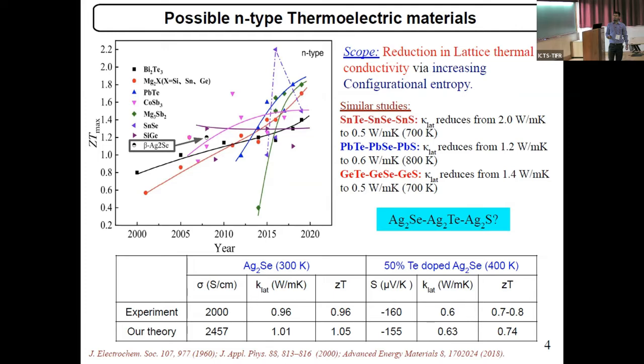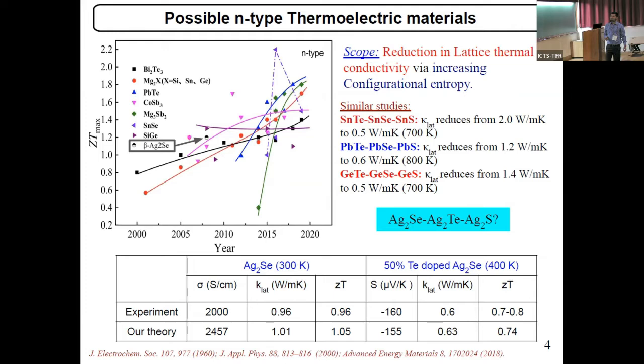of Ag2Se, Ag2Te, and Ag2S. To validate our theoretical model, we have compared our theoretical calculation with the experimental value. Our theoretical calculation gives an electrical conductivity of around 2400 Siemens per centimeter.